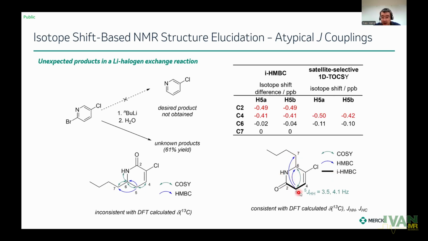So all these longer-range correlations, but with a fairly large coupling constant, led to the misassignment of the original proposed structure. With this, and the DFT calculation of these structures, both the proton and carbon chemical shifts and the coupling constants all matched the experimental data perfectly.